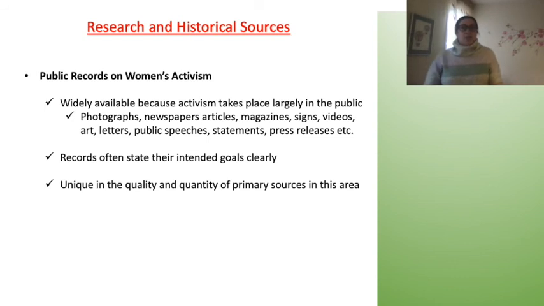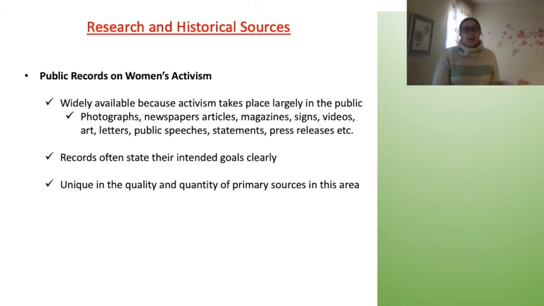Because public awareness was so central and public space is so central to a lot of activism, we have an abundance of sources about those movements. Many activists and organizations also create statements or documents explicitly telling us what their goals are. And this is helpful for historians, right? We can have manifestos or declarations of different activist groups saying these are the goals and this is why we want them and how it will look, right? What great sources for historians.